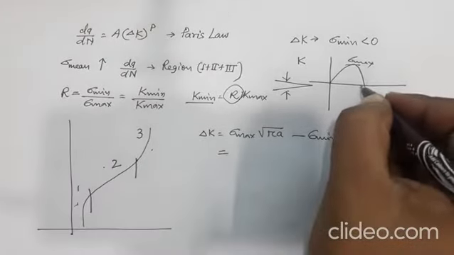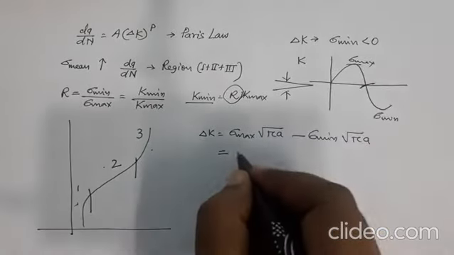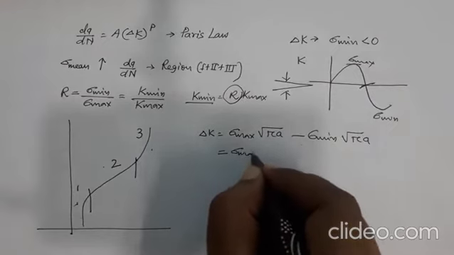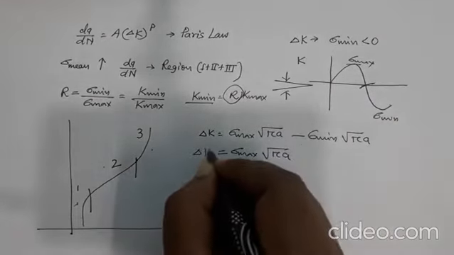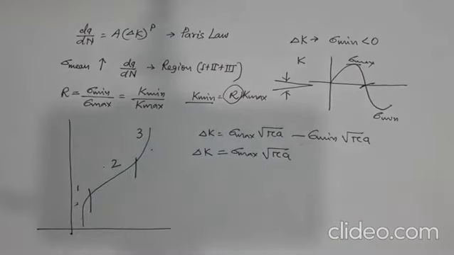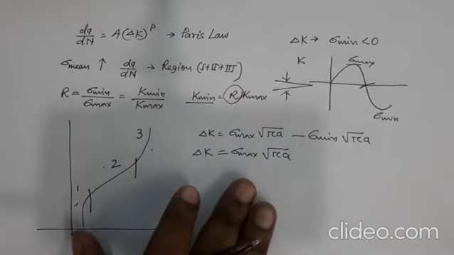Okay, so we end it here, the delta K concept. So then it will become just sigma max root pi a will be the value of delta K. Okay, so this is very important.